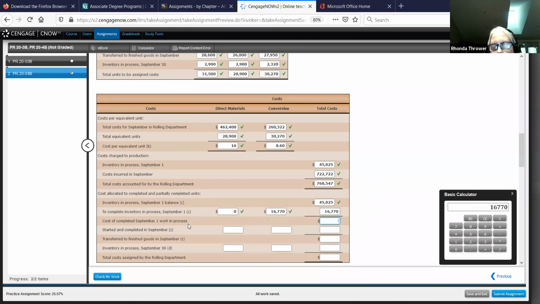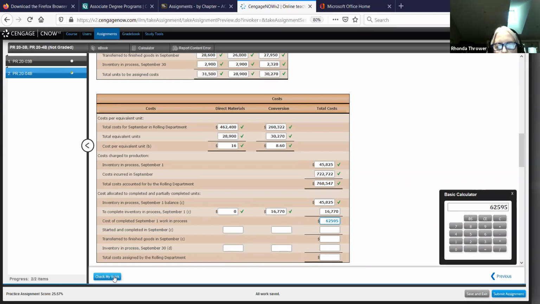So we want to find the total cost of those beginning inventory units. So we're going to take that 16,770 and add to it the 45,825. And that's going to give us 62,595.